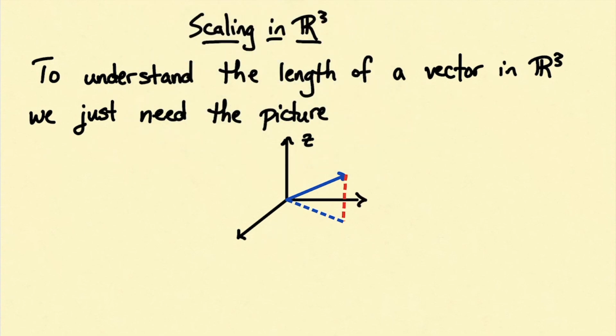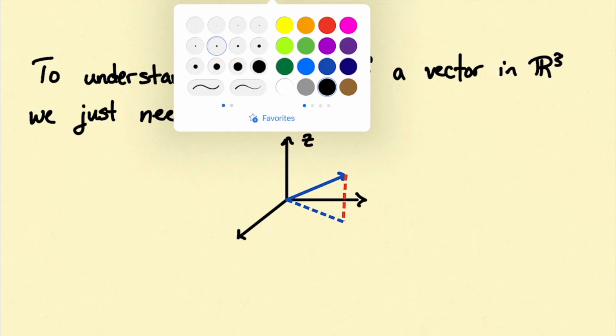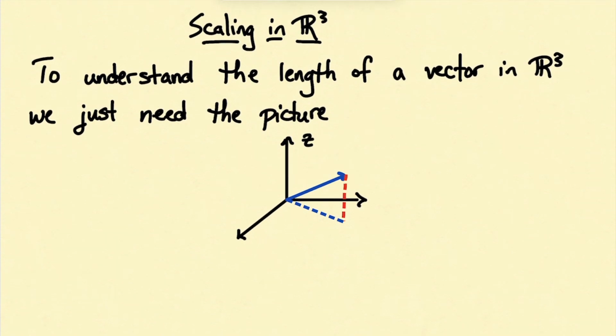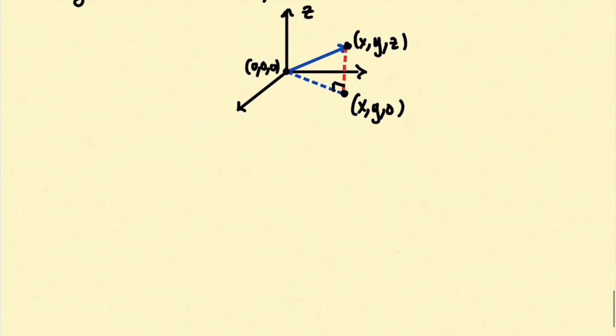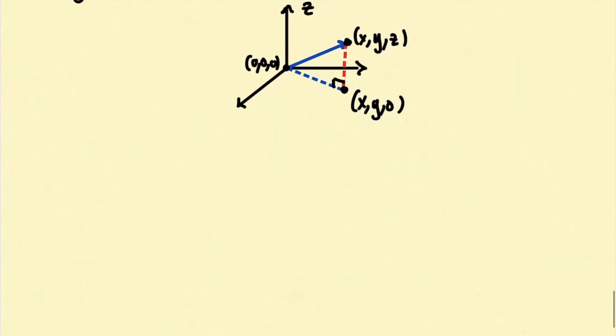Next, we connect the point x, y, 0 to the origin 0, 0, 0. This will form a right triangle, which from the side will look like this.